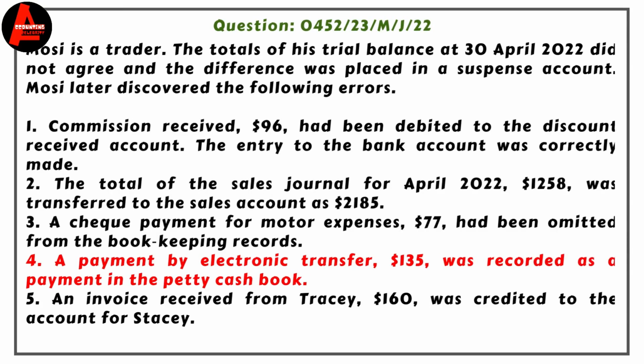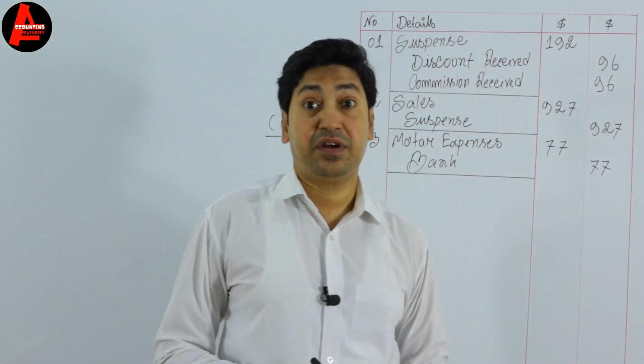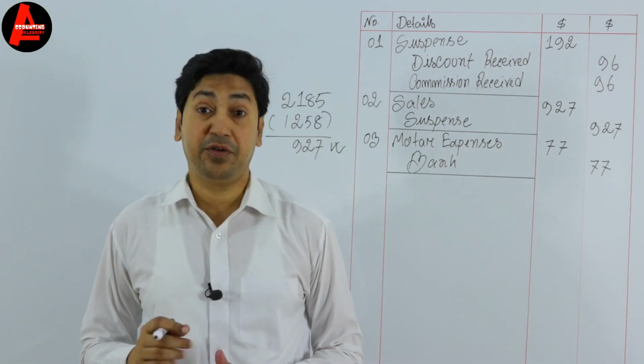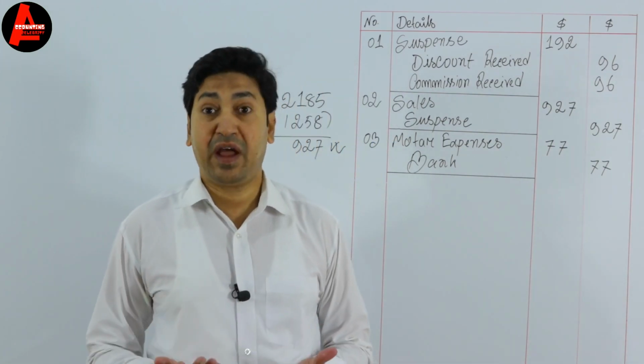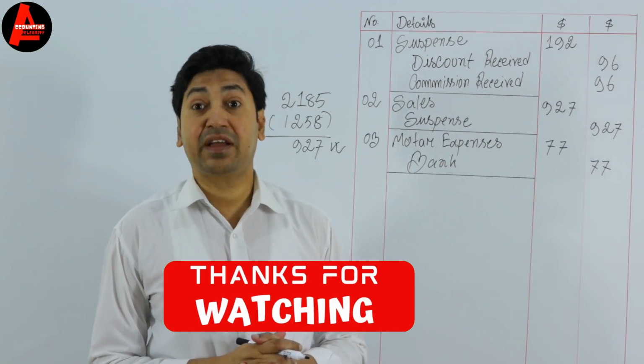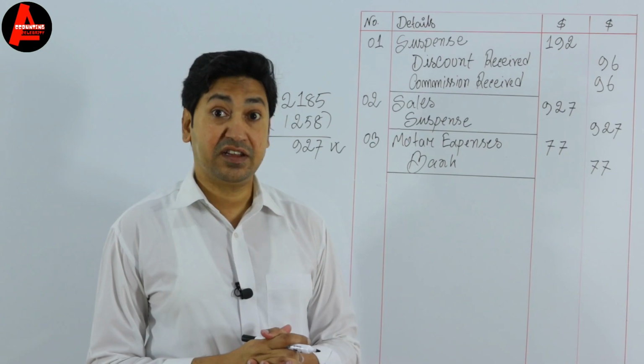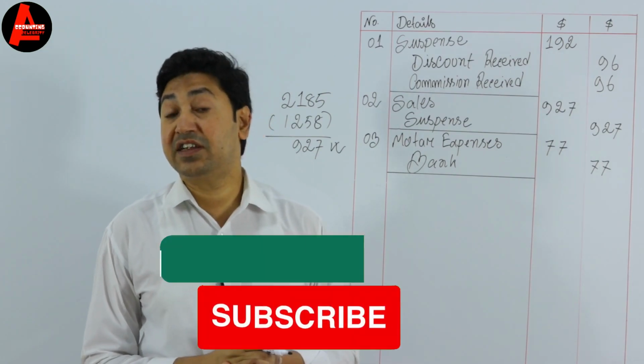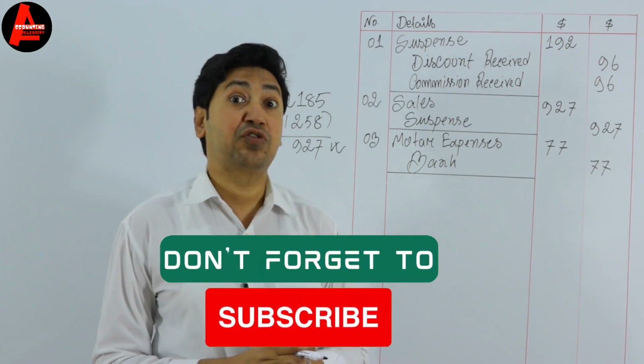What is your next transaction? A payment by electronic transfer of $135 was recorded as a payment in the petty cash book. Okay, so here electronic transfer, so electronic transfers are made by bank. Okay, so here the bank amount will be decreased. Yeah, so bank is an asset, it is a current asset, so when a current asset decreases, it will be credited.